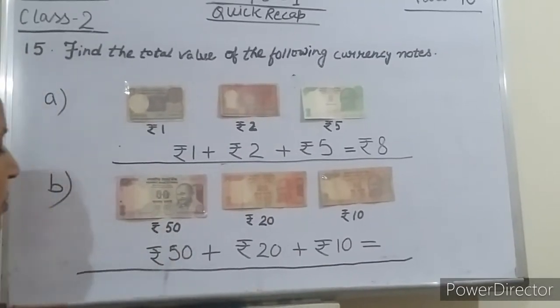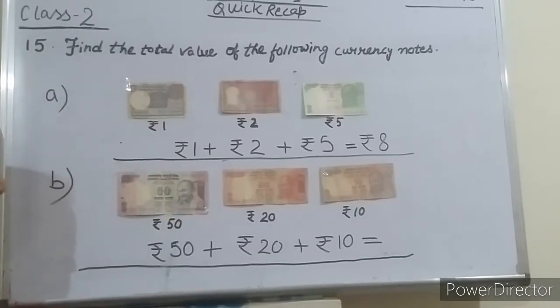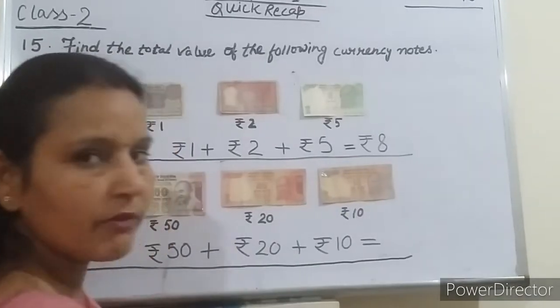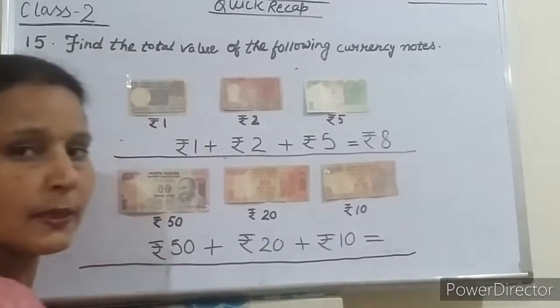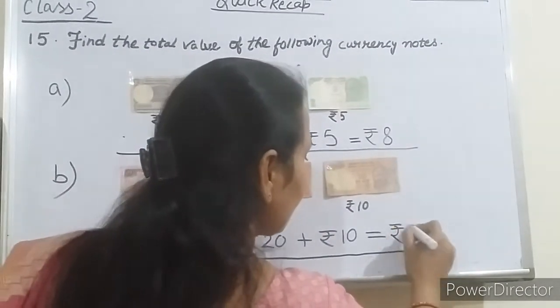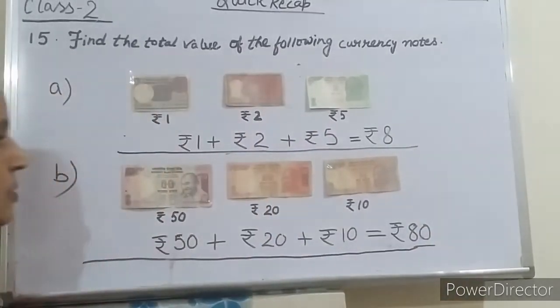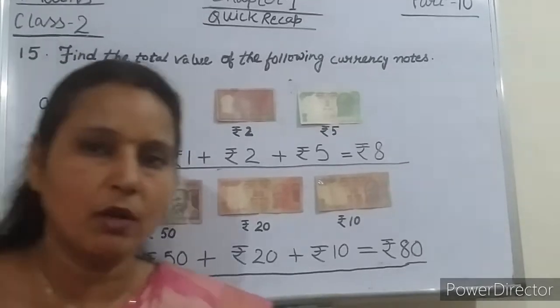So, 50 plus 20. Yes, very good. 50 plus 20, 70 rupees. And 70 rupees plus 10 rupees. Yes, very good. Rupees 80. Very good, students.